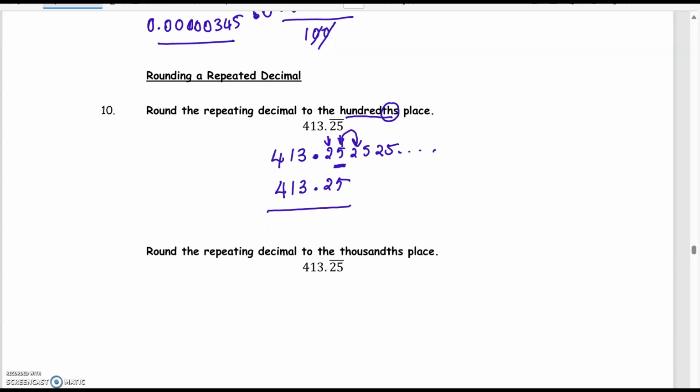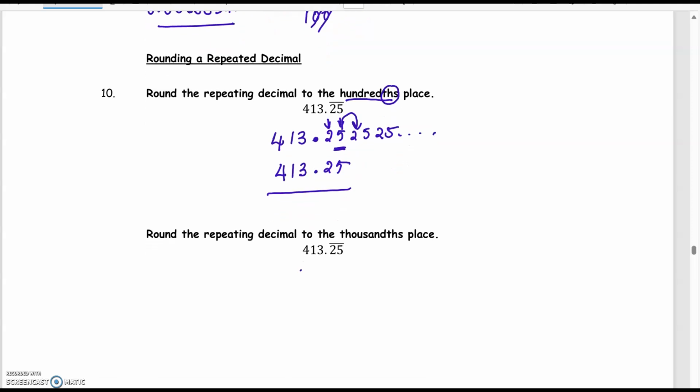Now we have another repeating decimal. Anytime we have to round a repeating decimal, let's just write down a few digits. And then it keeps going on and on. So what do we round it to? The thousandths place.